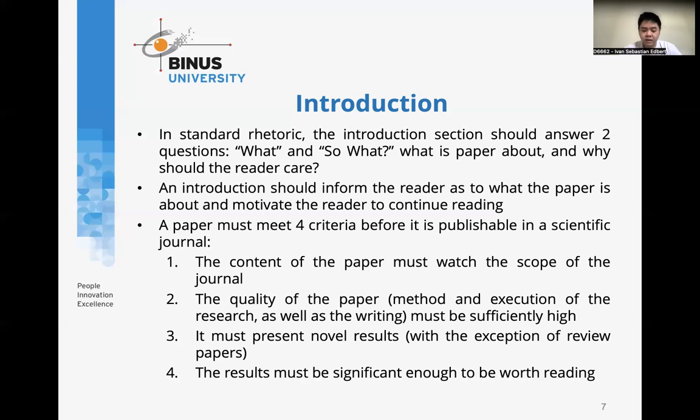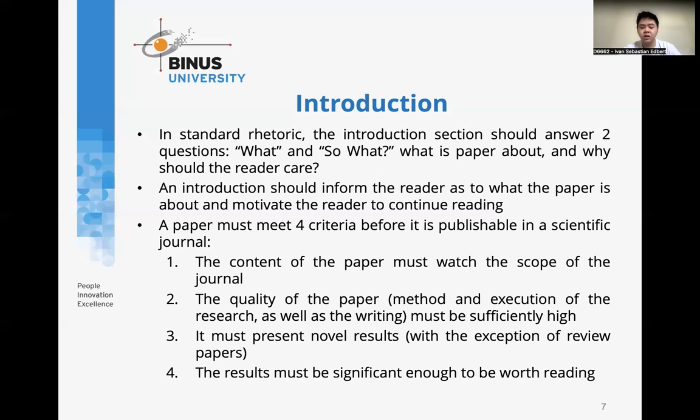Okay. The third one is that it must present novel results. In this part, we just mention what the result of this research is, but not in a detailed way. For example, our research is going to know the accuracy, the prediction, but we don't have the accurate data because we haven't done the experiment.